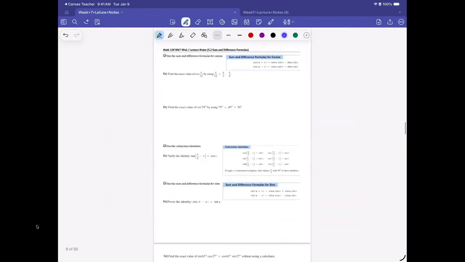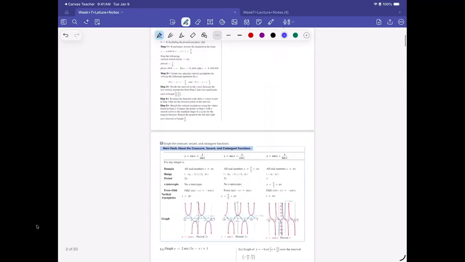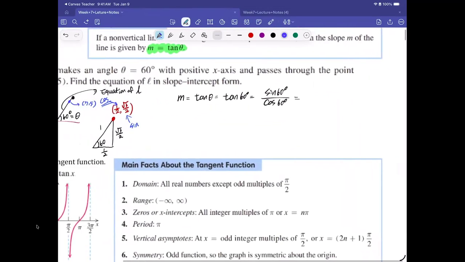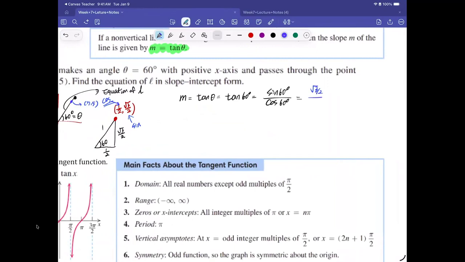But anyway, you can look it up on the unit circle. So it's square root of 3 over 2 over 1 over 2, and that's why the slope is the square root of 3.